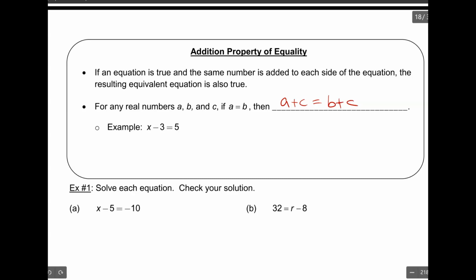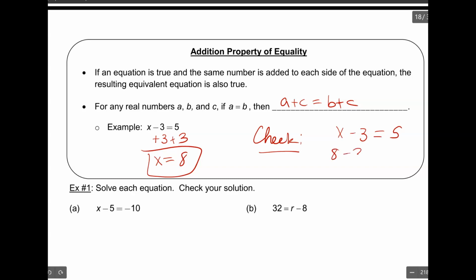If I add 3 on both sides, that's why I can do my 1-step. Add 3 to both sides and I have x solved. Then I can check: x minus 3 equals 5. If I put in 8 for x, I get 5 equals 5, and that's true. That's what I mean when I say check.